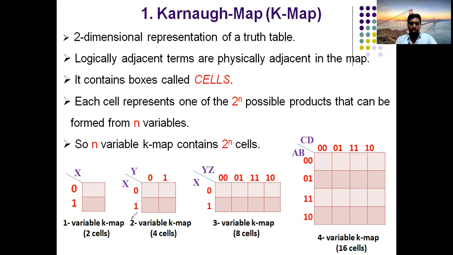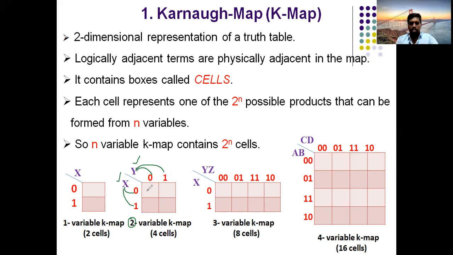As I'm having two variables here, I will take the first variable as the row and the second variable as the column. So x is taken as 0 for one row and 1 for the other row. Y is taken as 0 for one column and 1 for the other column. Like that you can label the rows and columns with respect to the inputs given.